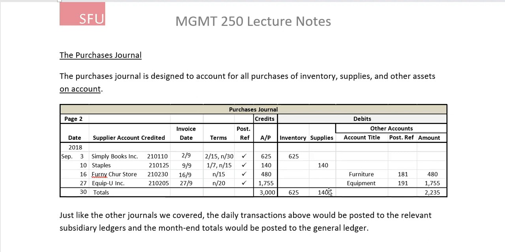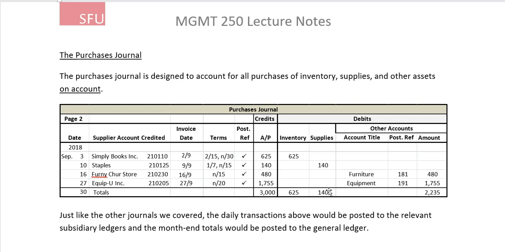So have a look here at the purchases journal. The purchases journal is designed to account for all purchases of inventory, supplies, and other assets on account. So this is only for things we buy on account. If we paid cash, they would be in the cash payment journal.